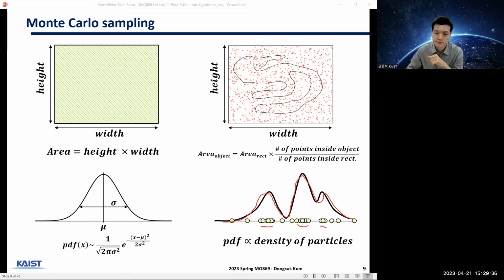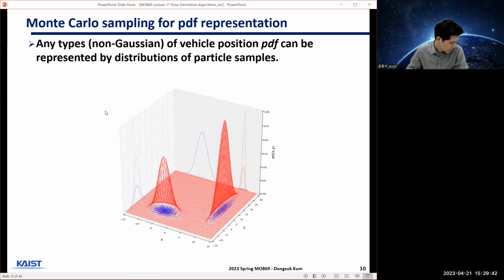So that's the idea. And one of the nice features of using this Monte Carlo sampling is that it can handle any type of PDF, this probability density function. It doesn't have to be a Gaussian normal distribution. So that gives you a big benefit.